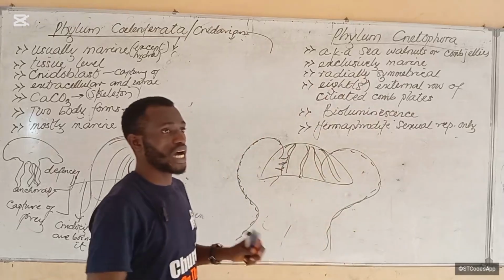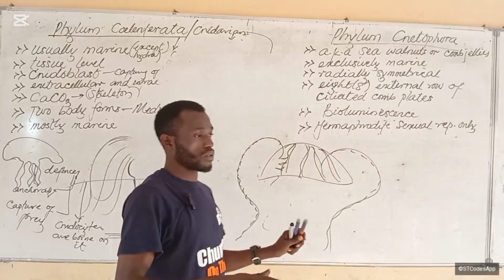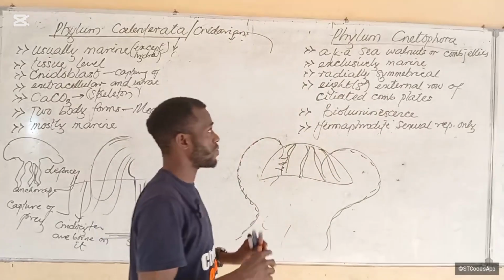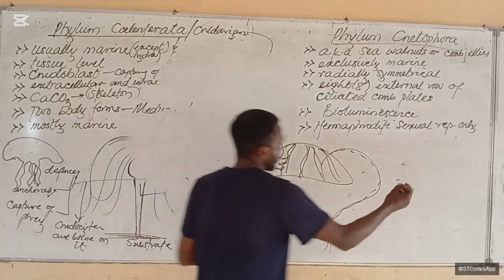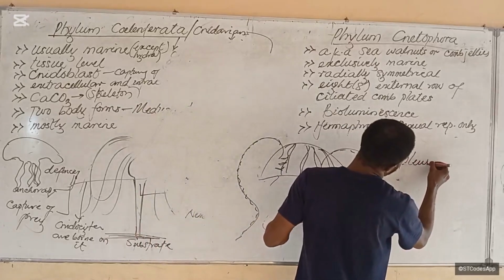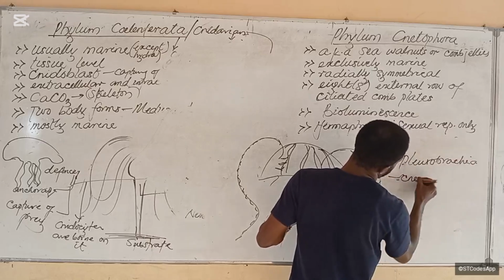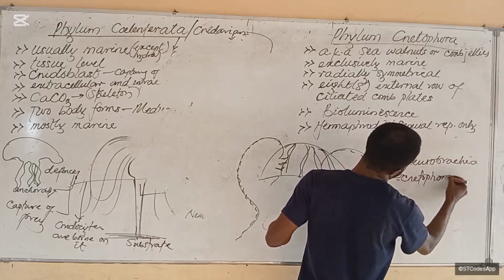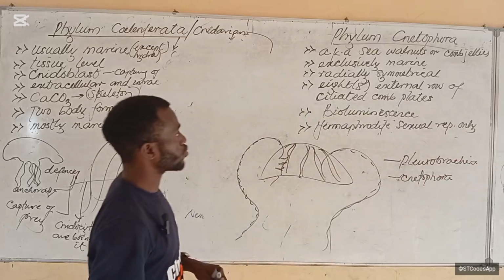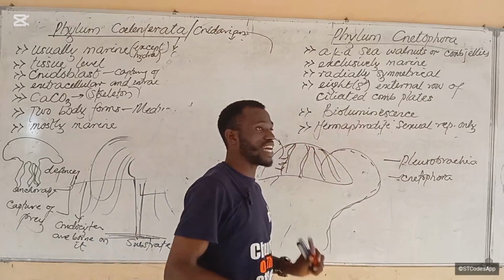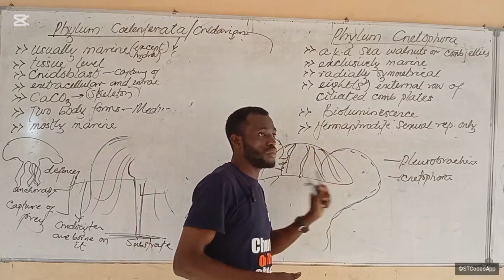Now it is exclusively marine. There is no freshwater form. And there are majorly 2 examples, which are the Pleurobrachia and the Ctenophora. Their unique characteristic is bioluminescence.